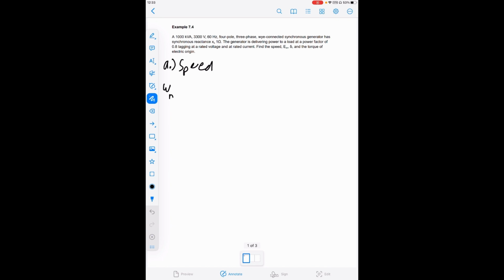So to start with the speed, the mechanical frequency is going to be equal to 2 times the synchronous or electrical frequency over the number of poles. So that will be 2 times 2 pi 60 radians per second over 4 poles. And that will be 60 pi radians per second.